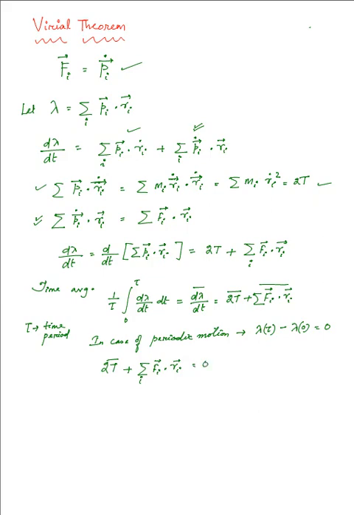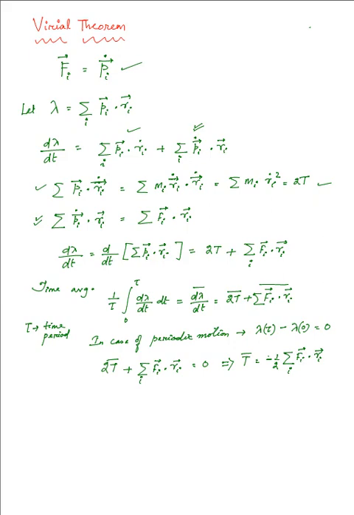That results in T bar being equal to the negative half of the sum of F_i dot product with r_i, and that's the case with the Virial theorem.